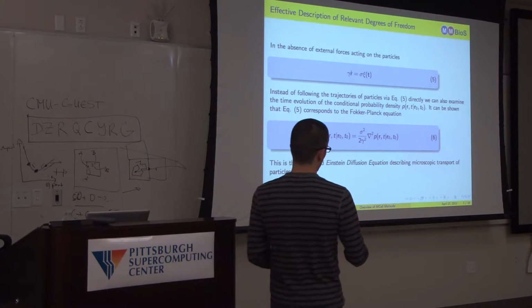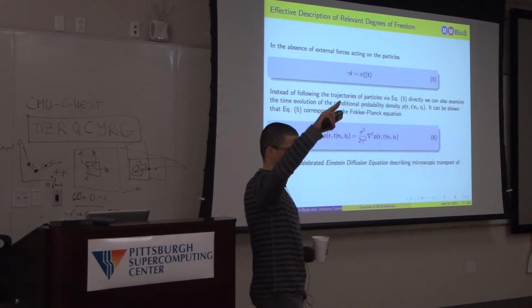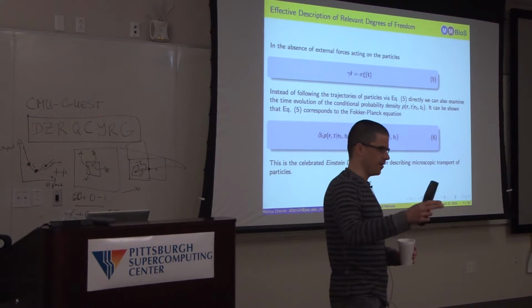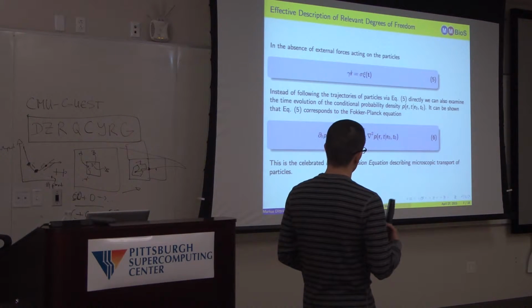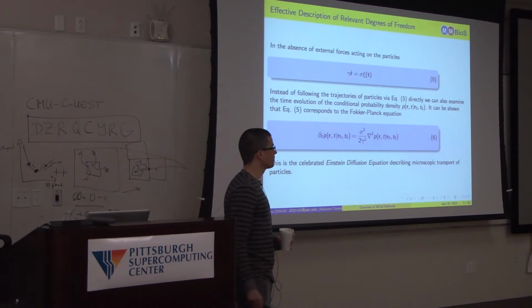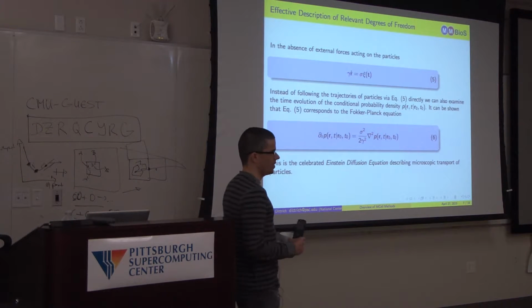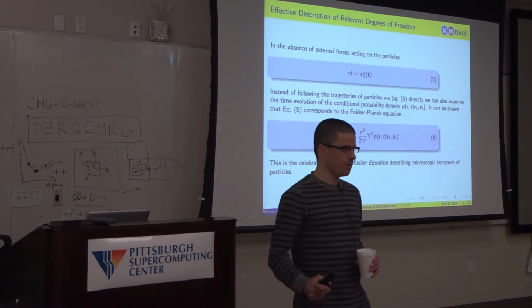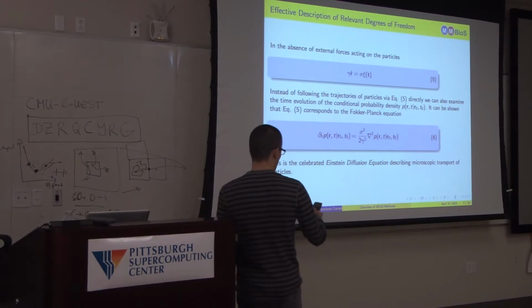What you basically do in this approach is follow the time evolution of each molecule as a function of time as it moves through space in the presence of this friction term and in the presence of this random noise.